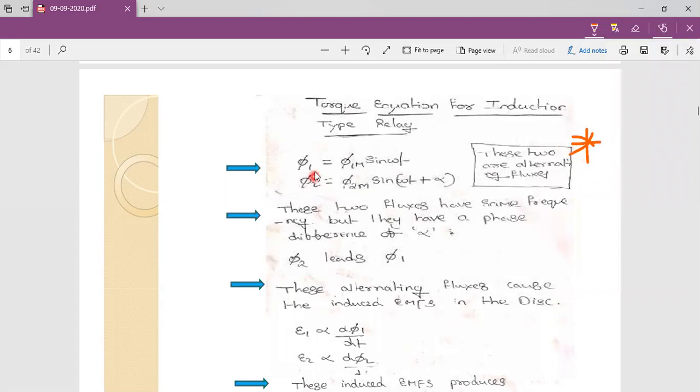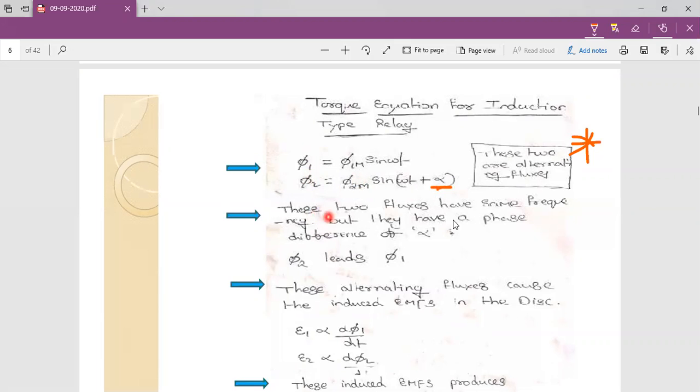That's why we write phi 1 equals phi m sin omega t, and phi 2 leads phi 1 by an angle alpha, as I told you at the time of the phasor diagram, because both the windings have different resistance and reactance, so these two have a phase difference.